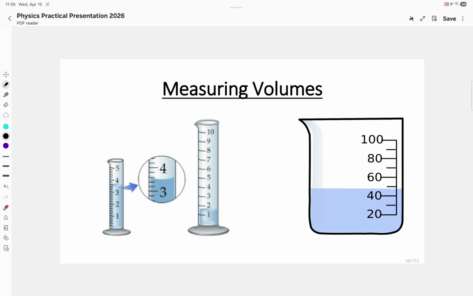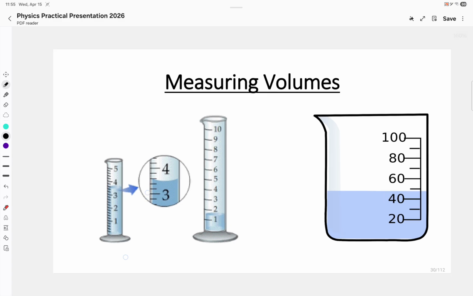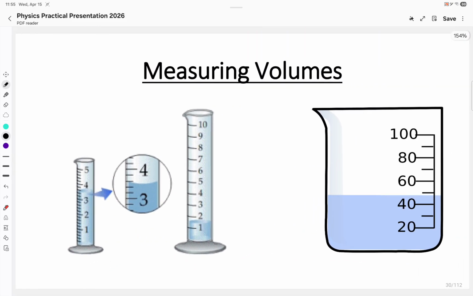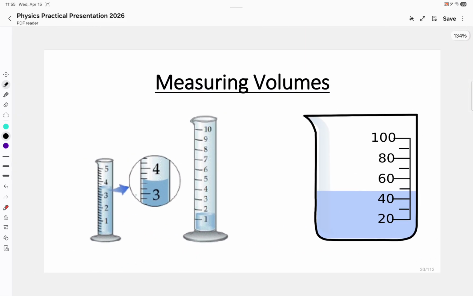Again, it depends on the precision level of the measuring cylinder. Usually with a measuring cylinder like this one, as if I just expand it, it's gonna be blurry. You can see here between 3 and 4, it's 3.2, 3.4, 3.6, 3.8 and then 4. So it means the least count is 0.2 ml perhaps. It is always mentioned on the glassware somewhere, at the bottom or at the top, about the precision level of the measuring cylinder.